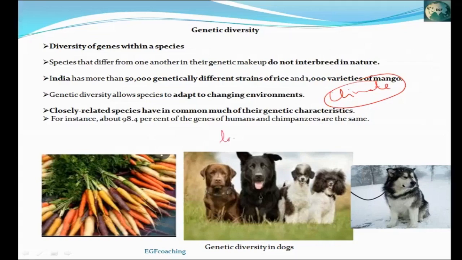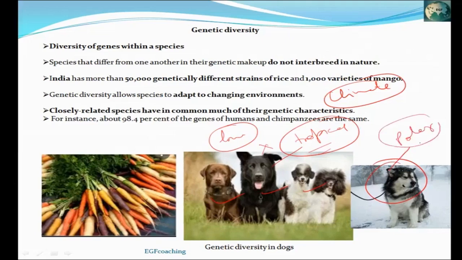For example, if Earth temperature is declining and suppose these dog species live in tropical areas, so their dog species will not survive in declining temperature of Earth. But this dog species which lives in polar areas means low temperature area. This dog will survive in declining temperature condition. So dog species will not become extinct from Earth in declining temperature condition. So more genetic diversity, there will be greater adaptation of species in nature.